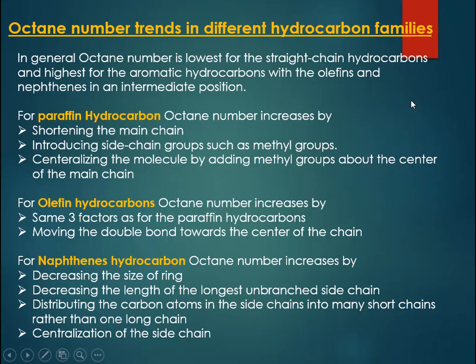So what I can say with certainty is that octane number is usually lowest for straight chain hydrocarbons and highest for aromatic hydrocarbons, with olefins and naphthenes in an intermediate position. But for a paraffinic hydrocarbon, octane number increases by shortening the main chain. I mean, when carbon number decreases in a paraffin hydrocarbon, then octane number increases.